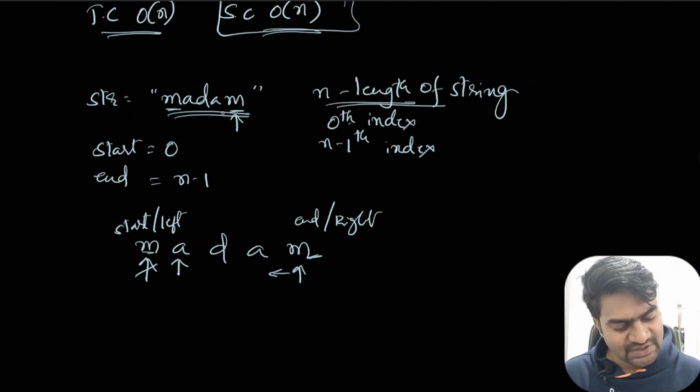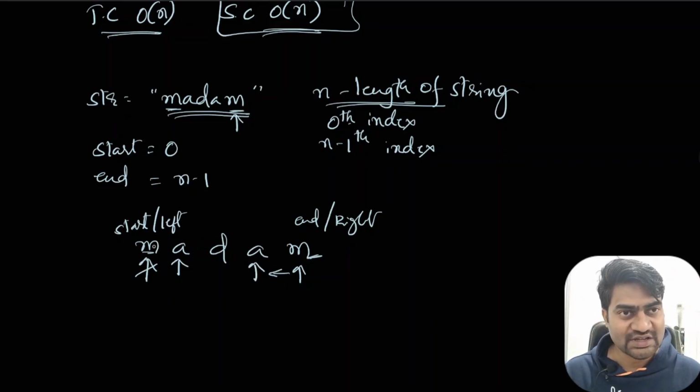Because if it is a palindrome, then the first character will be equivalent to the last character, the second character to the second last character, and so on. That's what I'm trying to mimic here. Initially the starting pointer was pointing to the first character and the end pointer to the last character. If they are the same, I will increment the left pointer by 1.